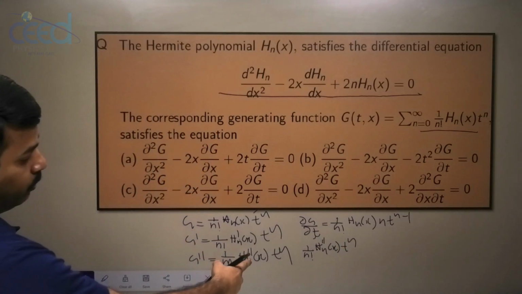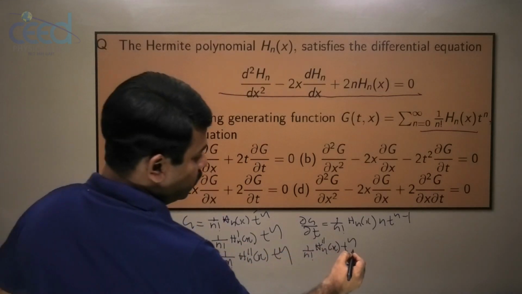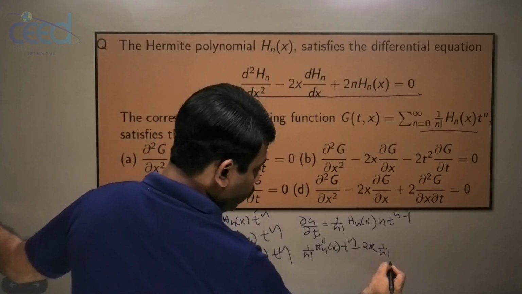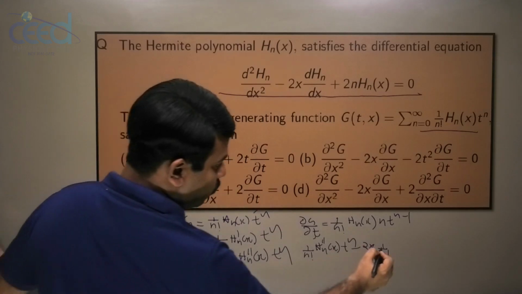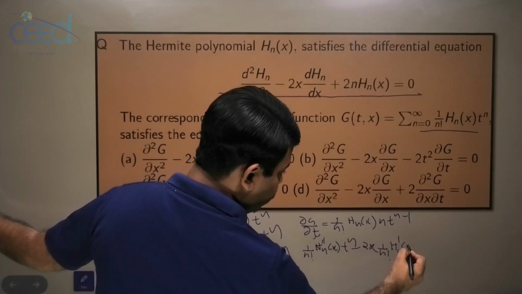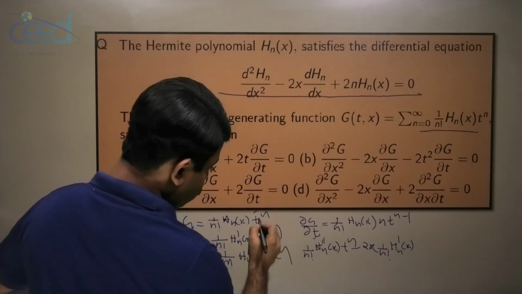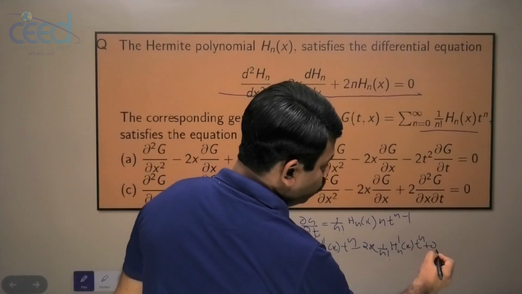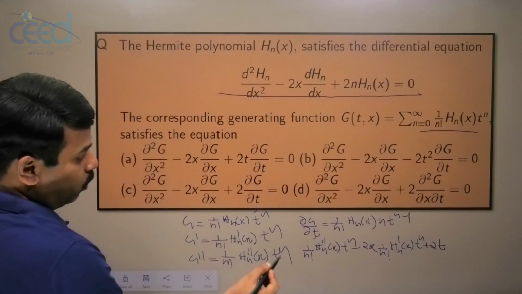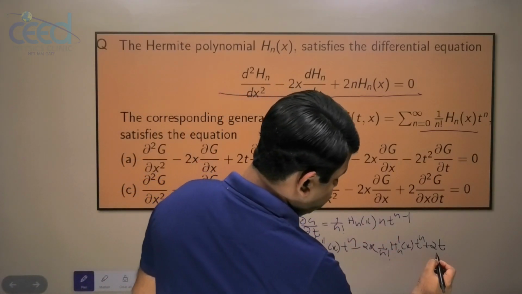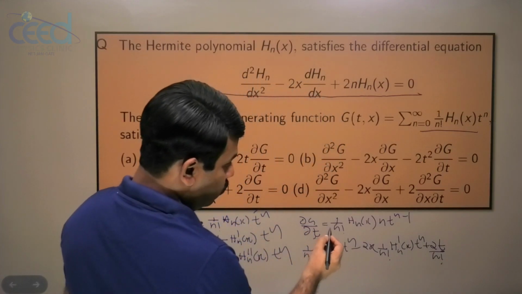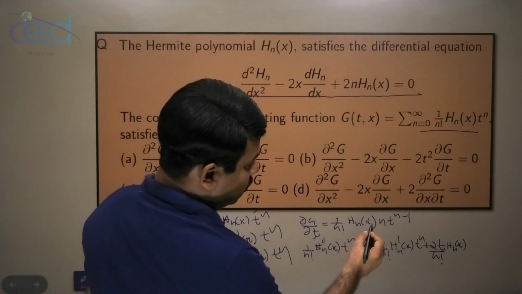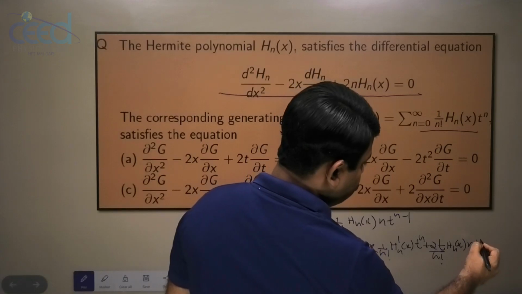Then minus 2x into ∂g/∂x, which is 1 by n factorial into h_n'(x) t raised to n, plus 2t into ∂g/∂t, which we already wrote: 1 by n factorial into h_n(x) into n t raised to n minus 1.